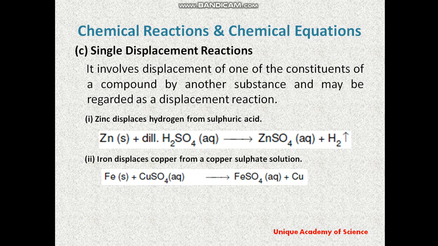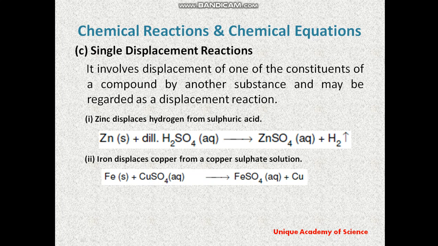For example, if we take iron and put it into the copper sulfate solution, the copper sulfate solution gives FeSO4 and the copper is removed. Here you can see that in this solution, CuSO4, Cu is bound with the SO4, but Fe is highly reactive, so whenever we add the iron, the copper is removed and Fe is attached.